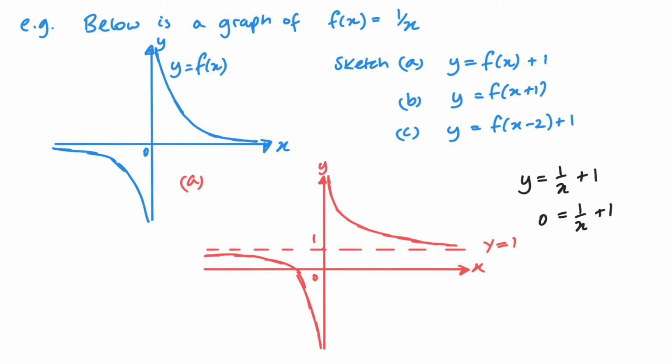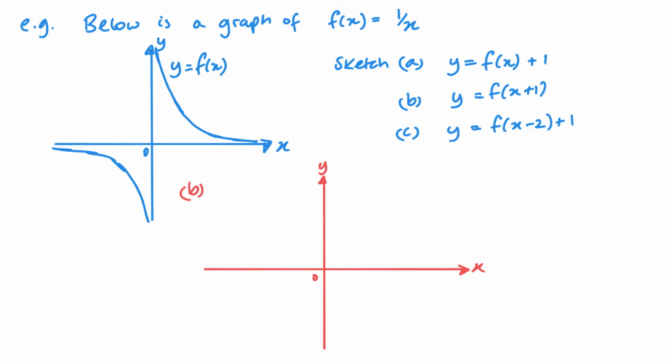So then I can take my 1, take away 1 from both sides to give me 1 over x equals negative 1, multiply by x, so I get minus x equals 1, therefore x must equal minus 1. So this point is now negative 1, or the coordinates negative 1, 0. Okay, the point where it crosses the x-axis.